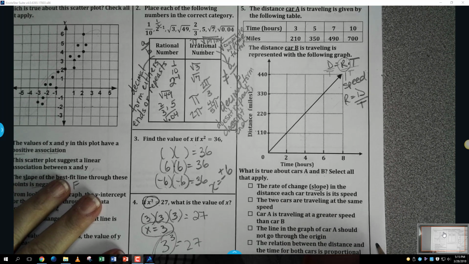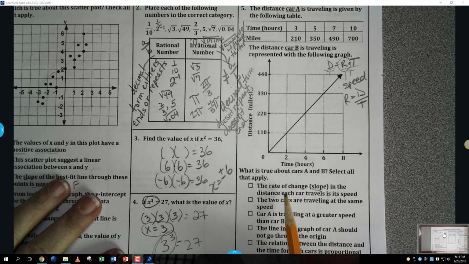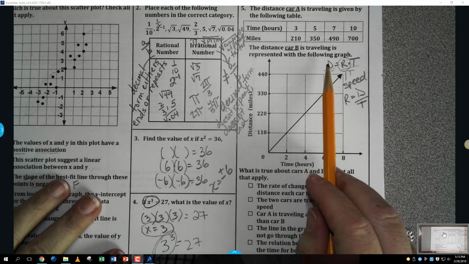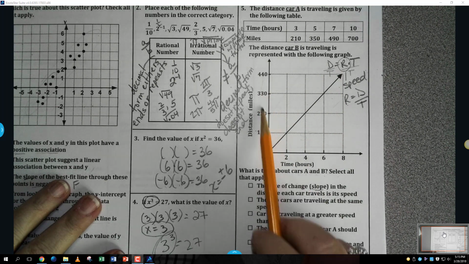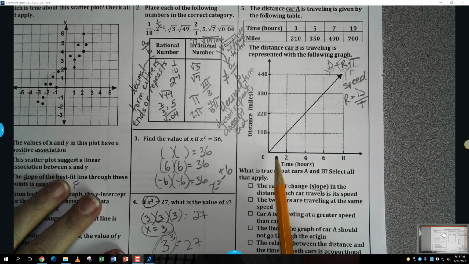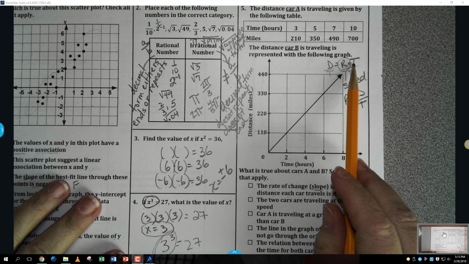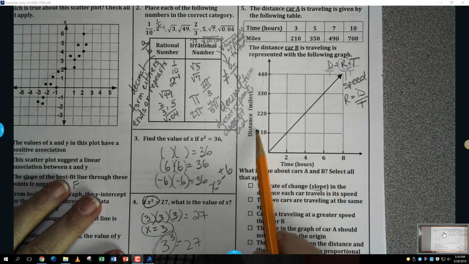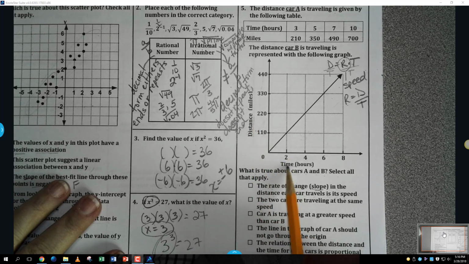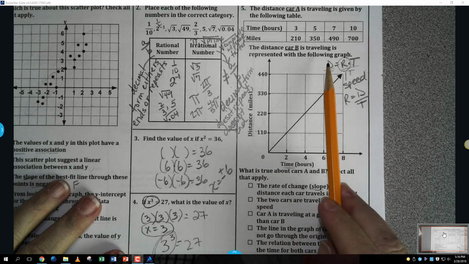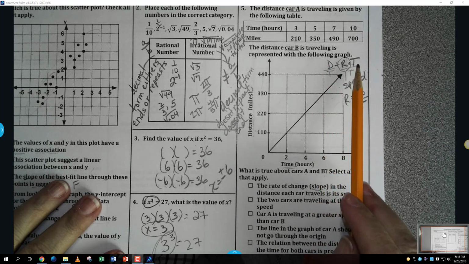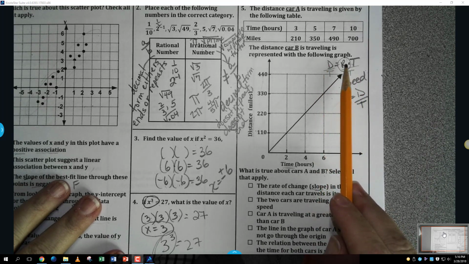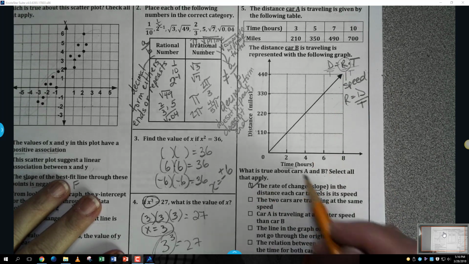I don't really like how that one's worded, but the answer is yes, because if we substituted d for y and we substituted x for time, so y equals rt, because the y is the distance and the time is the x, then I would be in the form y equals mx plus b, where m, the rate, is the speed, is the slope. So the answer is yes.